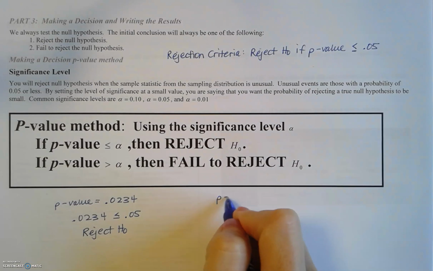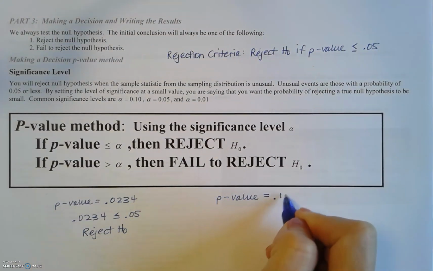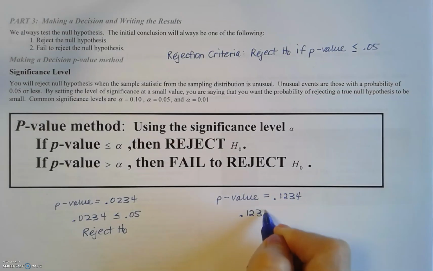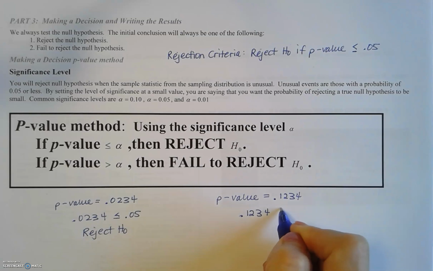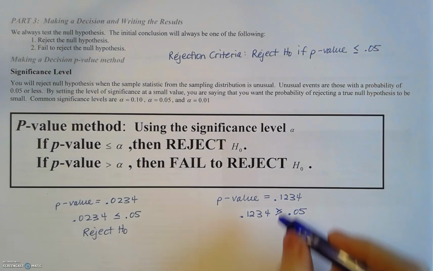If our p-value was, for example, 0.1234, our p-value of 0.1234 is not less than or equal to, it's actually greater than our significance level of 0.05. And let me make that a little clearer.